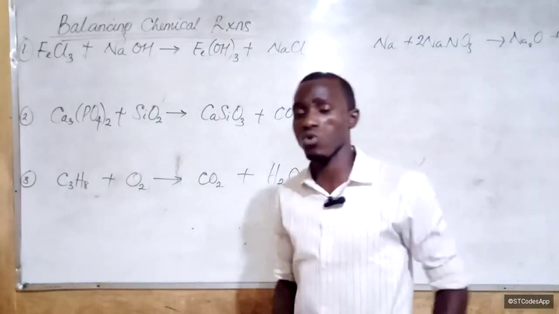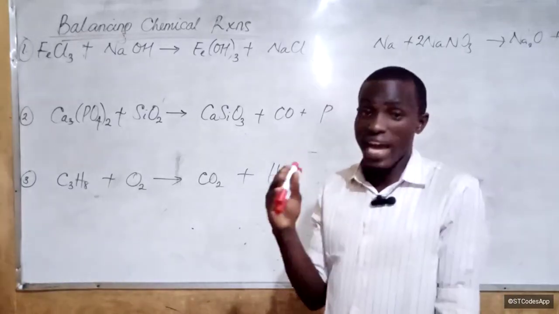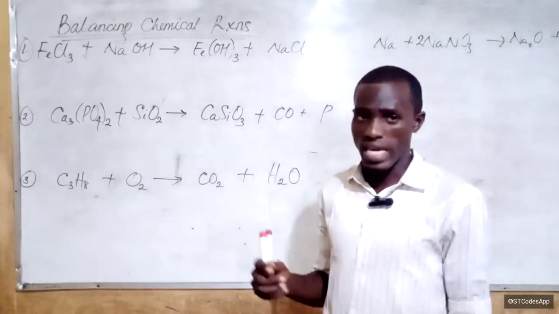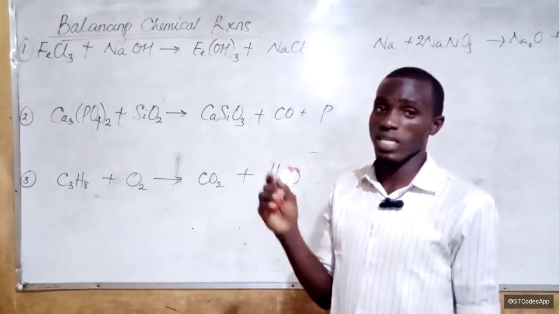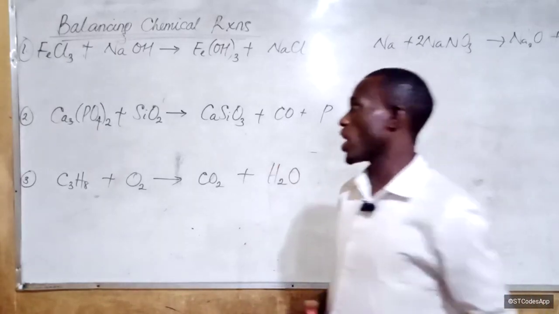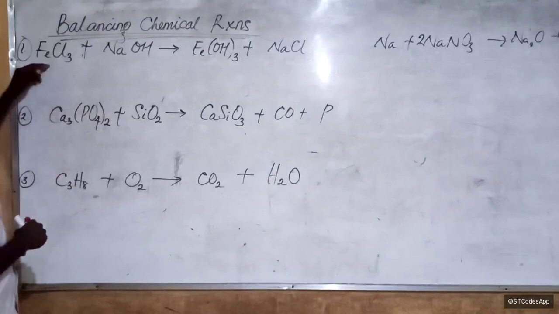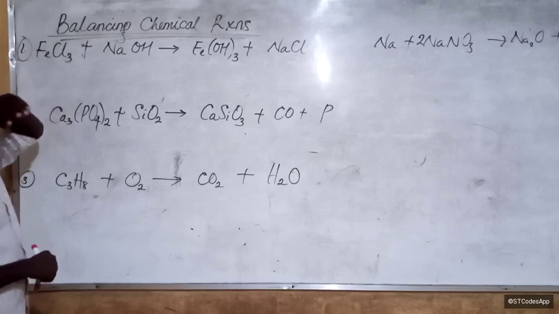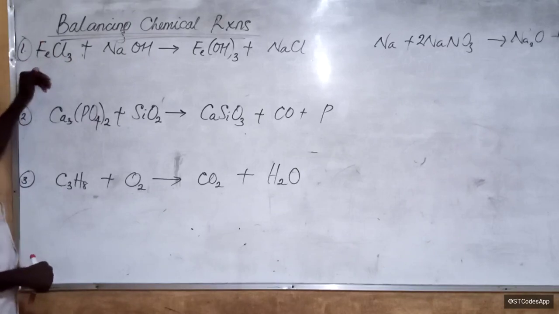Now, the first thing you must know is that there is a hierarchy. We always take the metals first, then the non-metals, except hydrogen and oxygen. So we write the metal first, then the non-metals apart from hydrogen and oxygen, then hydrogen, then oxygen.